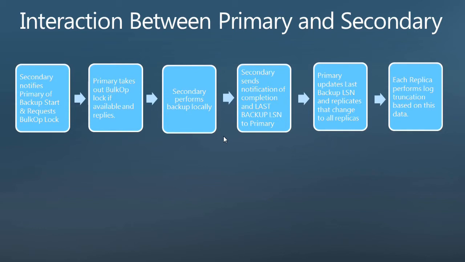So that's one of the uses of the last backup LSN as well, making sure that we don't overwrite data that we still need. When we advance the last backup LSN in this backup operation, that makes those areas of the log candidates for reuse, truncation. And that way each of the replicas can do their own truncation based on that.